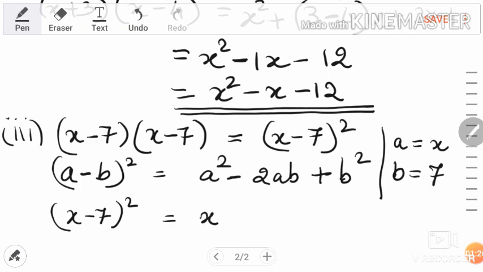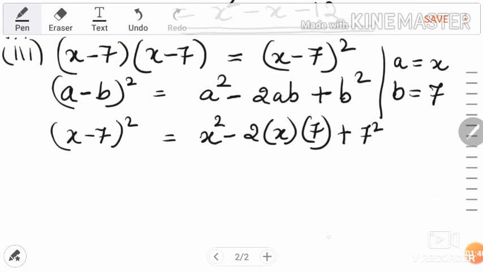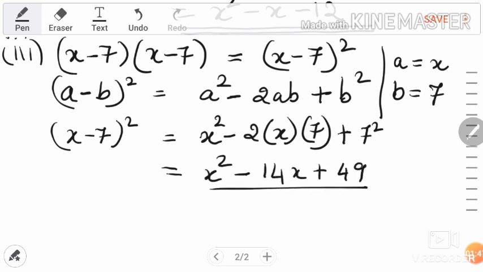So x² - 2x(7), substituting the values of a and b in the above expression, plus 7². We get x² - 14x + 49.